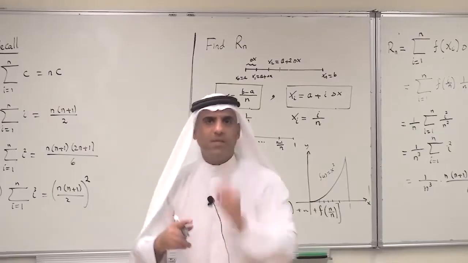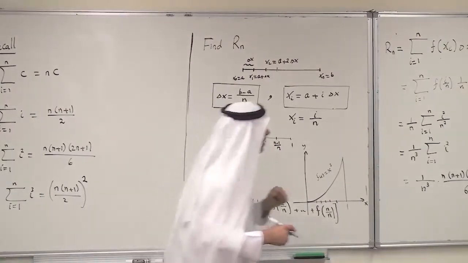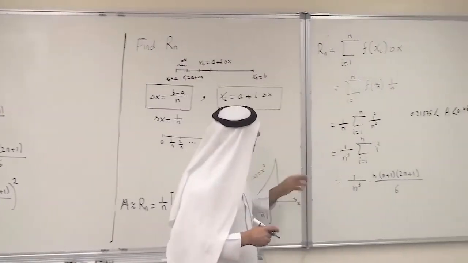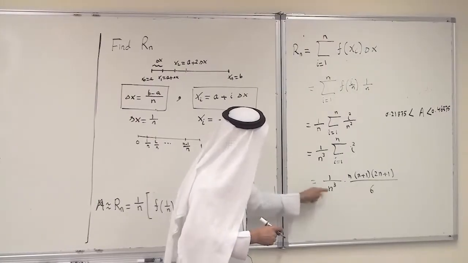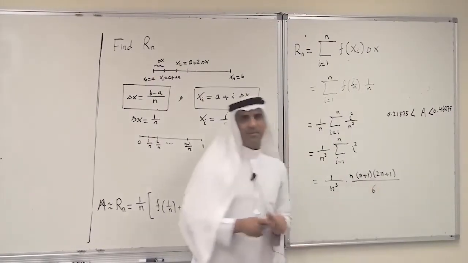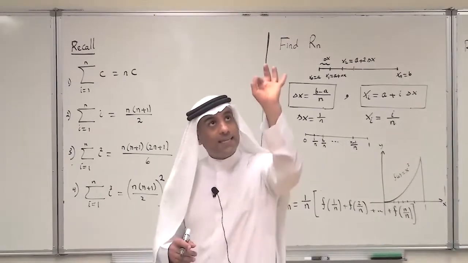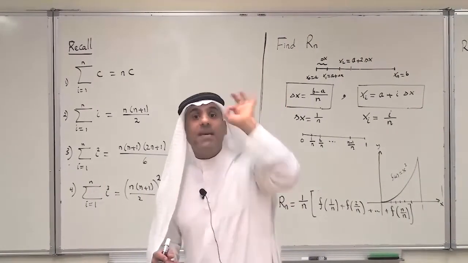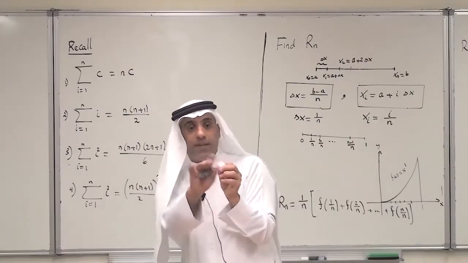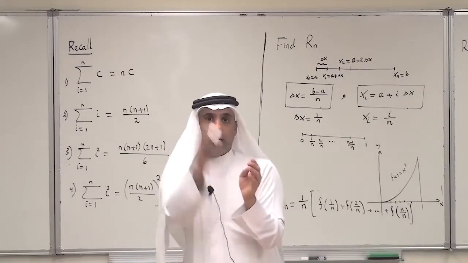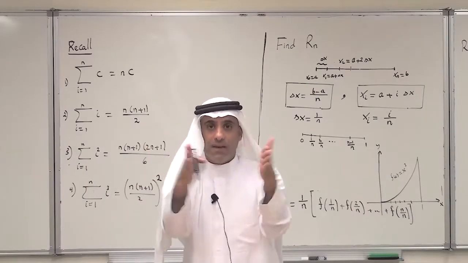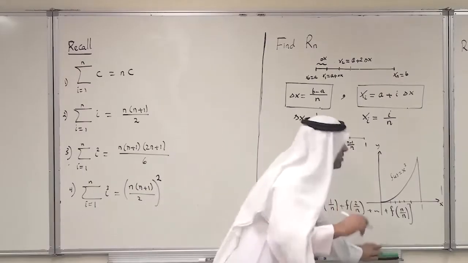So what we will do here, we will study now what will happen if we push the number of rectangles to be infinite. So we are going through a limit process now. We are taking the limit of Rn, meaning we are pushing the number of rectangles to infinity. So the left point and the right one will be the same, or almost the same.